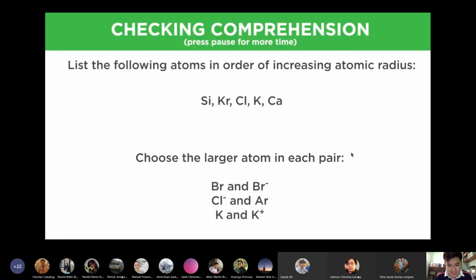Chlorine comes before argon, so the chloride ion, Cl minus, must have a greater atomic radius. And between K and K plus, of course, it's the reverse of the nonmetals. So the neutral atom potassium, K, is larger than K plus.